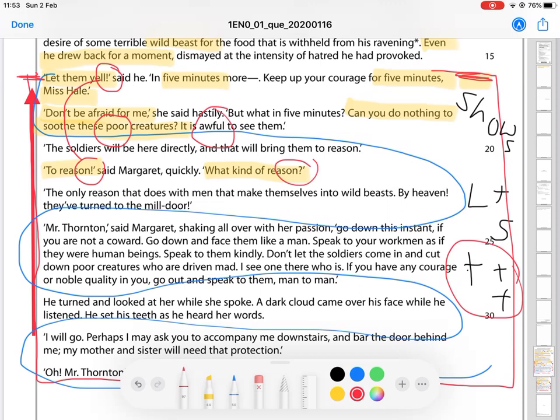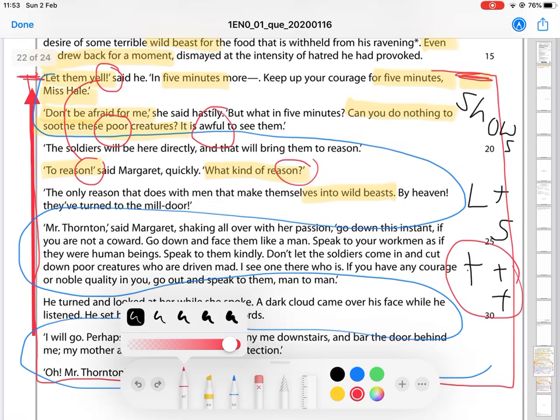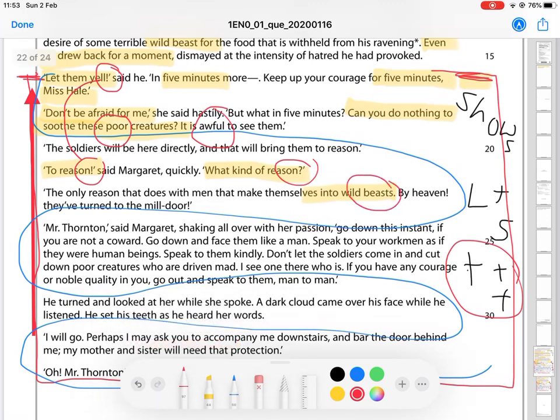He says, "The only reason that does with men that make themselves into wild beasts. By heaven, they've turned to the mill door." I'm hoping you're picking up a trend here. It's animalistic. Describing people as wild beasts.